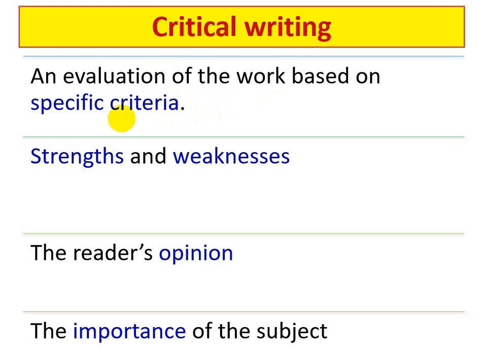We have to mention the strengths or the weaknesses of the work, what the reader's opinion is, and what the importance of this article or this subject is. So all of these are components of critical writing.